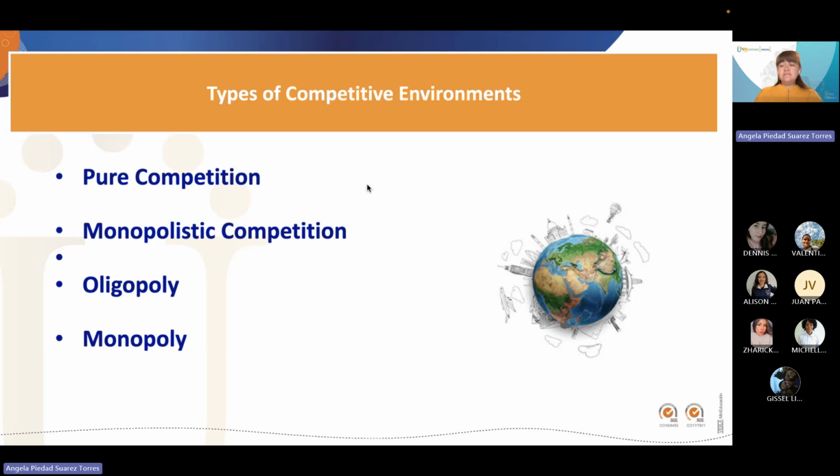But in the small and medium companies, such as those in general that we find in our market, that we're going to consider to take those products or services abroad, we're going to face more pure competition or monopolistic competition.